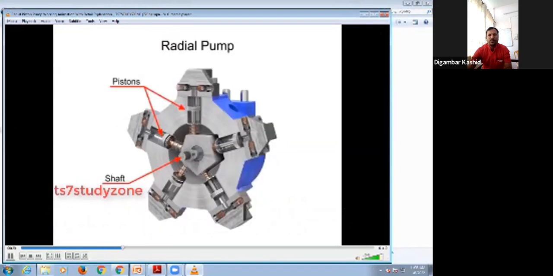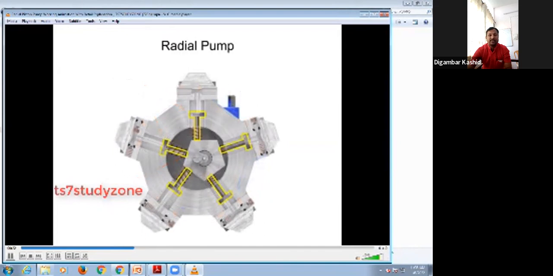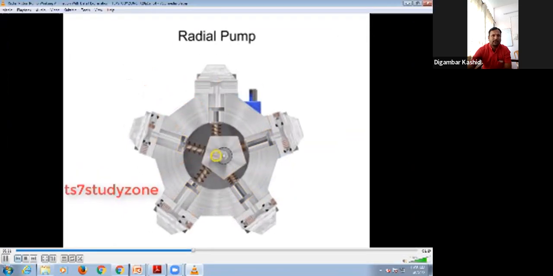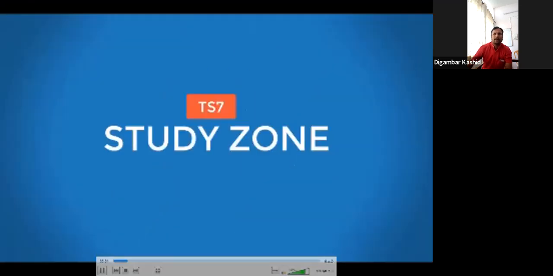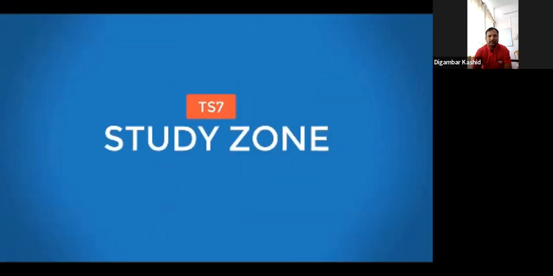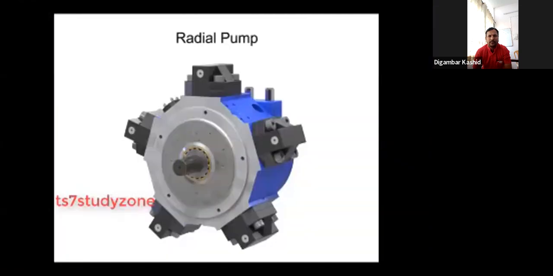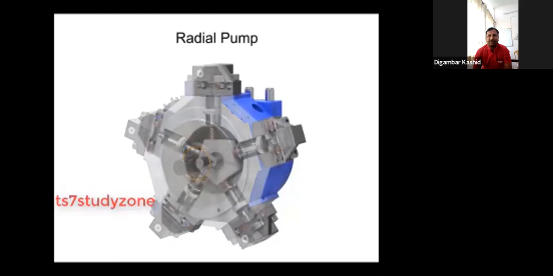See, whatever the air motor is, we have discussed that vane. Like wheel spokes around a cylinder block with an eccentric central cam mounted on a drive shaft. Radial pumps are designed so the pistons stroke in a direction at right angles to the shaft.